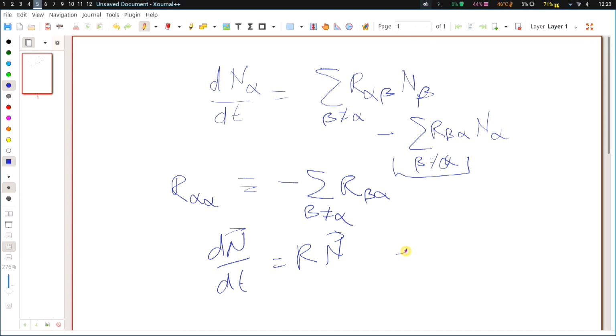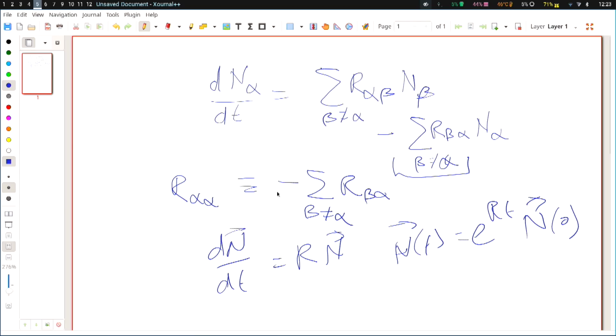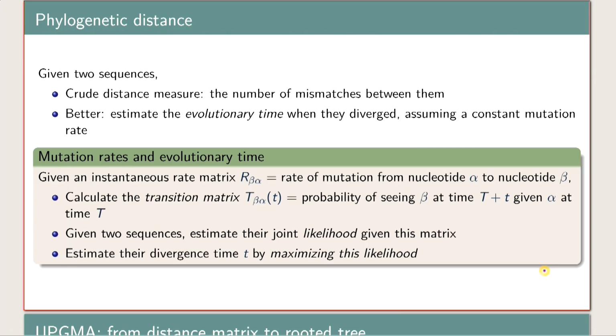The solution for this is n of t equal to the exponential of this matrix R times n of 0. So the exponential of the matrix R alpha beta is the transition matrix T beta alpha of time. That's the basic principle here.